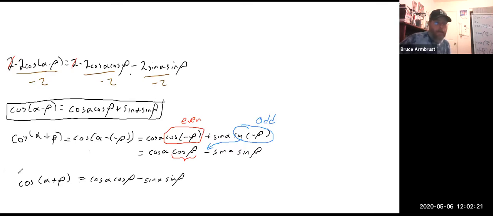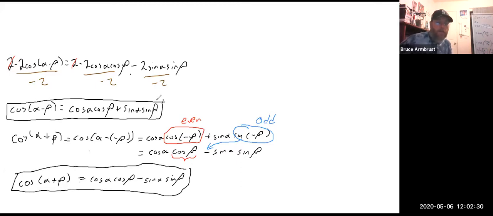And if you look at that, we'll box it. If you look at this one compared to the other one, I want you to notice that the forms are almost identical. We had cosine alpha, cosine beta. This has cosine alpha, cosine beta.